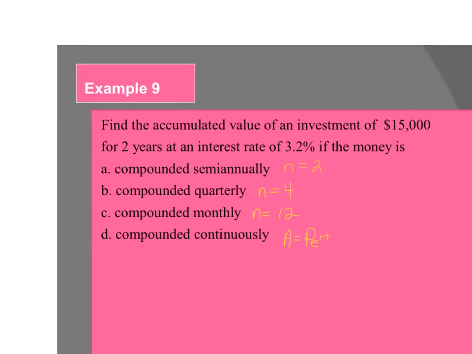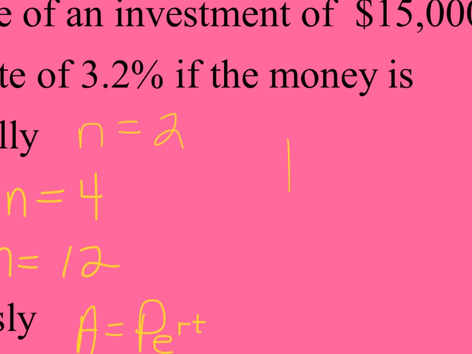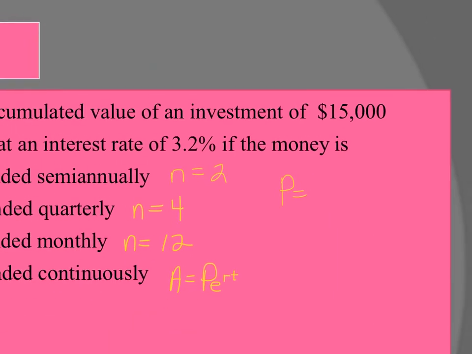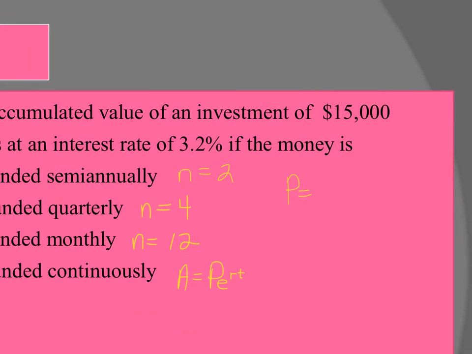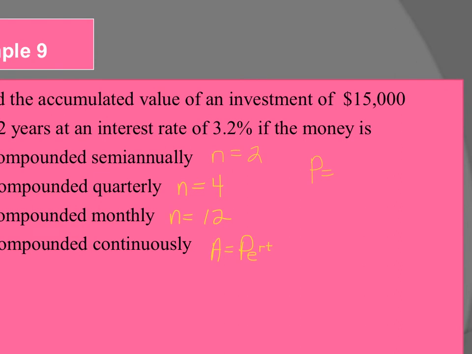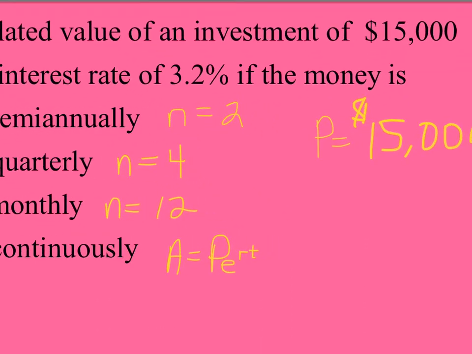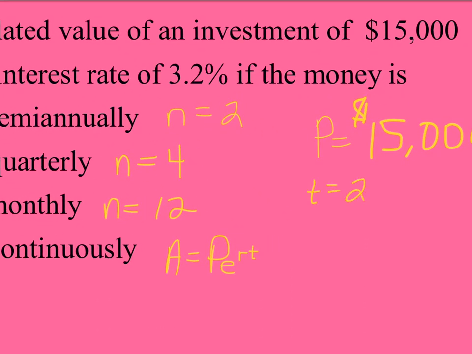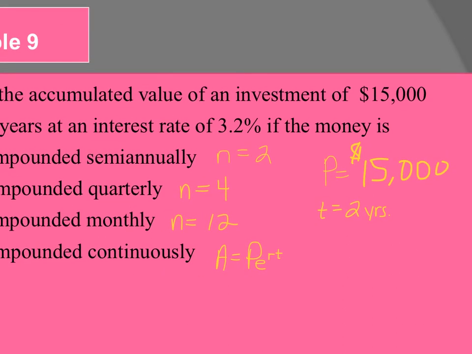But in this example, write down the information they gave you. P is your principal. What did you start off with? What does it tell you started off with? $15,000. Okay? Agreed? That's your P. And then it says compounded for 2 years. That's my time. 2 years. And then I have an interest rate. What is my interest rate?